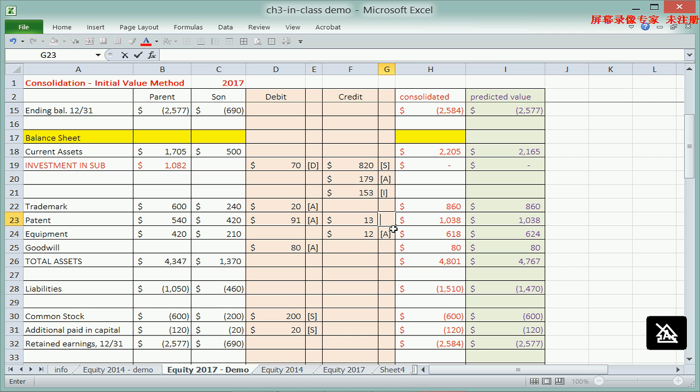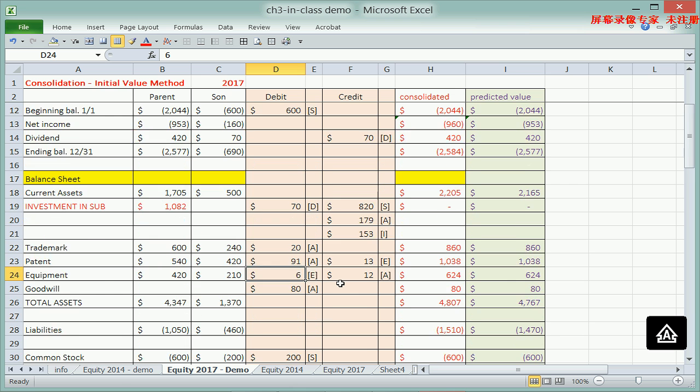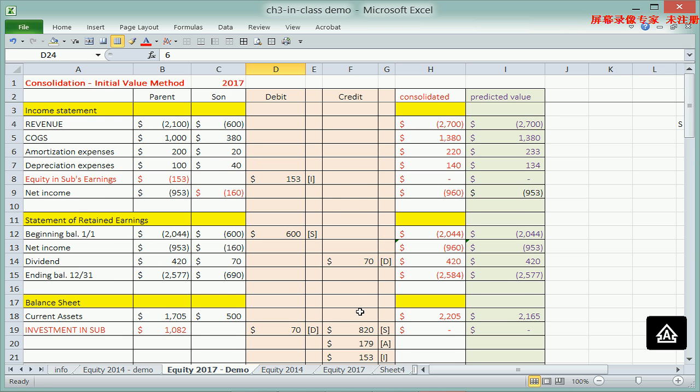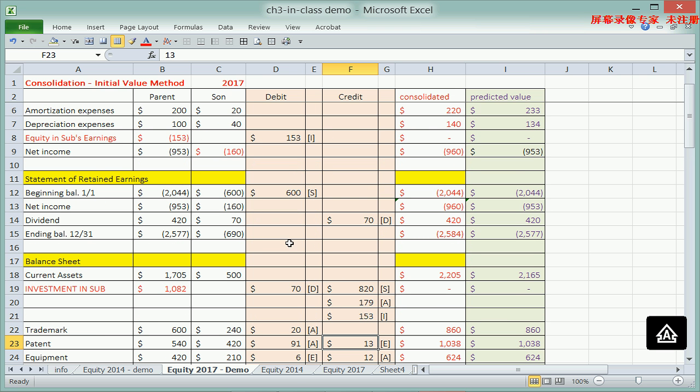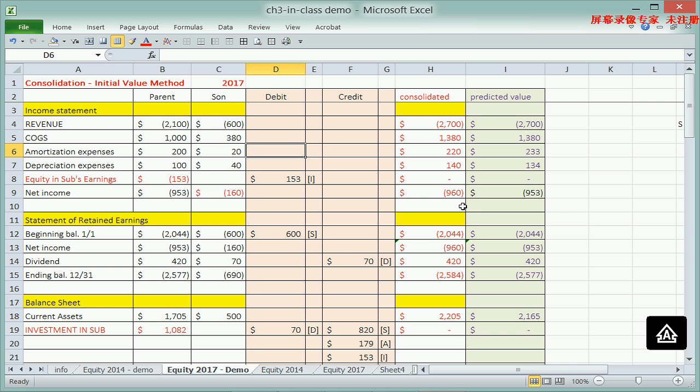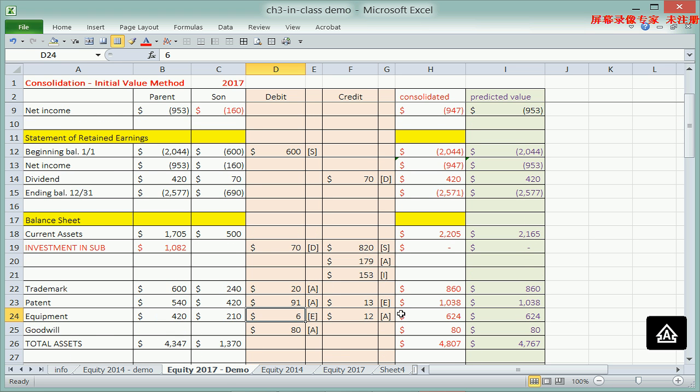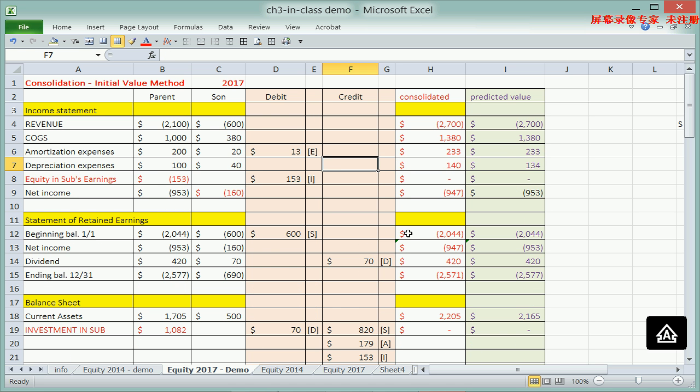So that's my E, meaning expenses, and I need a 6 here because it's an overvalued asset, so I need a 6 on the debit side. The same happens to the patent, so I credit the patent 13. I should debit amortization expenses by 13, and I debit equipment, so I credit depreciation expenses by 6.